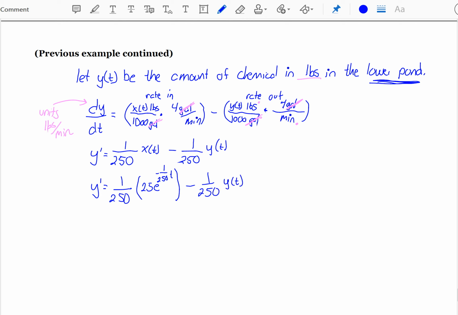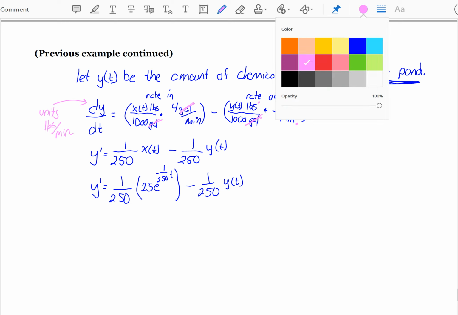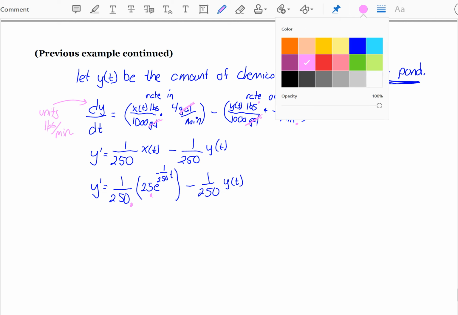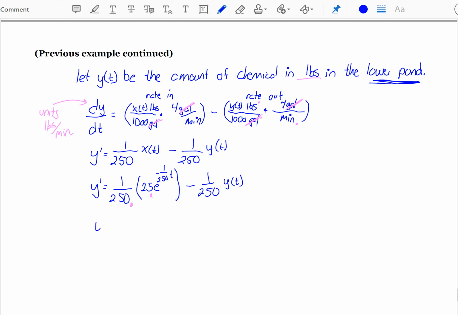I'd like to simplify this a little bit, like the 1/250th times the 25. I think if I double check that, I think we should get 1/10. So that y prime is 1/10 e to the negative 1/250th t minus 1/250th, and I'm just going to write y now. I want to include our initial conditions, that the second pond didn't have the spill occur in it.